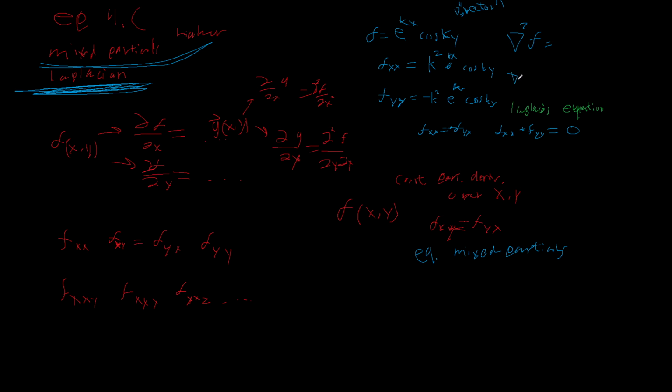Nabla squared is nabla dot nabla, which is d squared over dx squared plus d squared over dy squared, for however many dimensions.